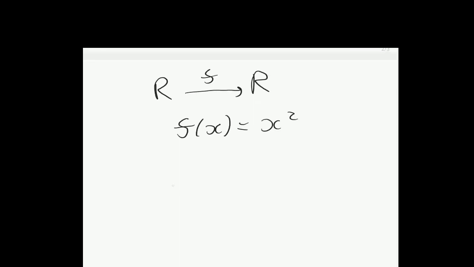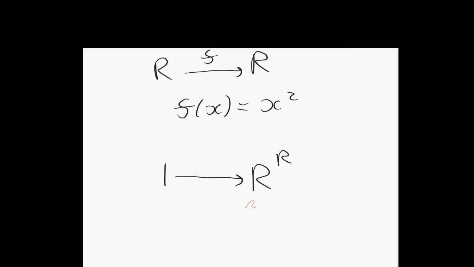Now it turns out, as I'll justify a bit later, that this function f, we can also think of as being a point in this space R to the power of R. And the way that we can write it is as lambda x dot x squared. And so this is actually a very special case of what can happen in general for exponential objects.